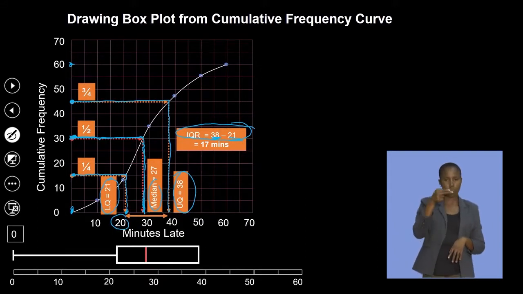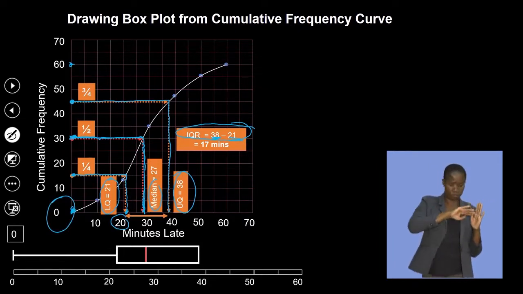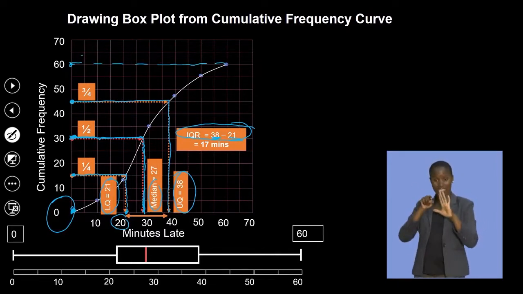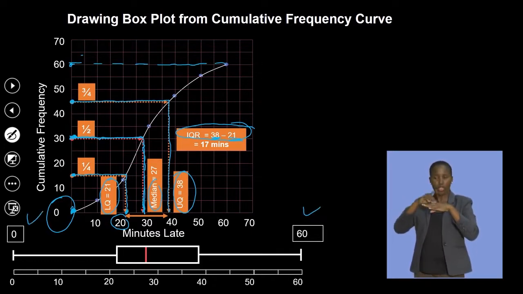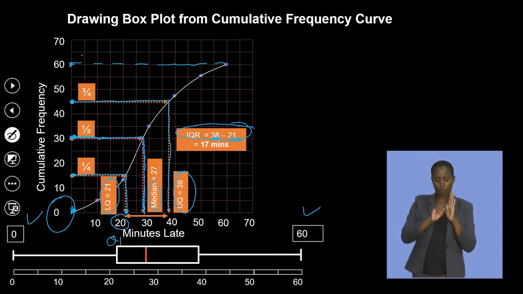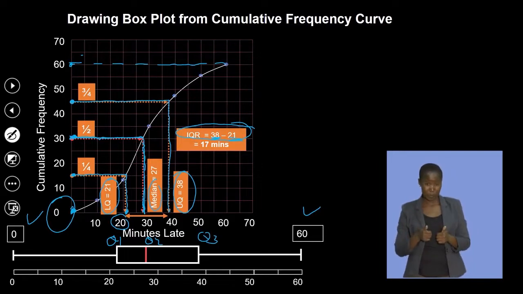We have our minimum value, which is 0, because that's where the curve starts, and the maximum value, which is 60, where our cumulative frequency ends. That's the max, and that's the minimum. And we already have the quartiles: this is Q1, this is Q2, and this is Q3. Okay, can you see that?